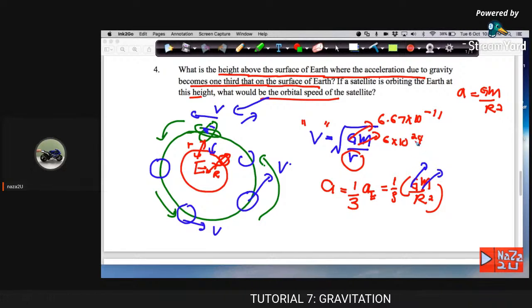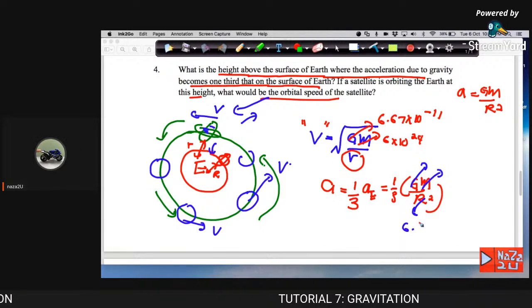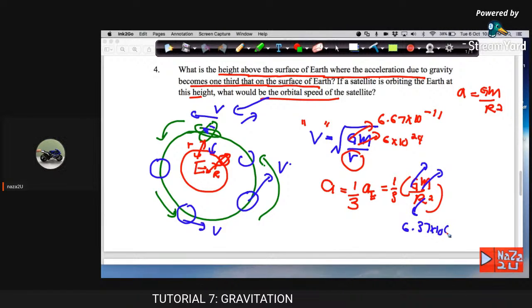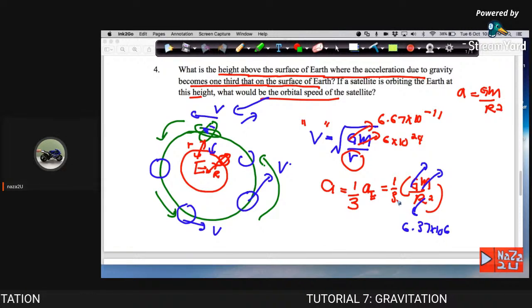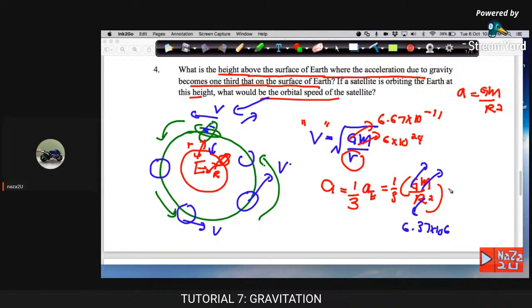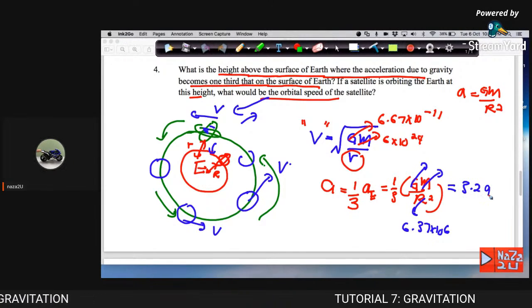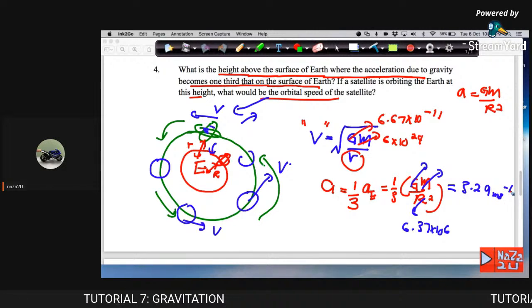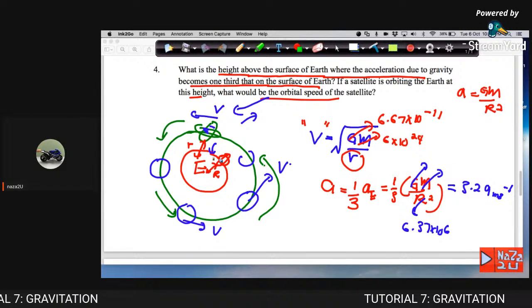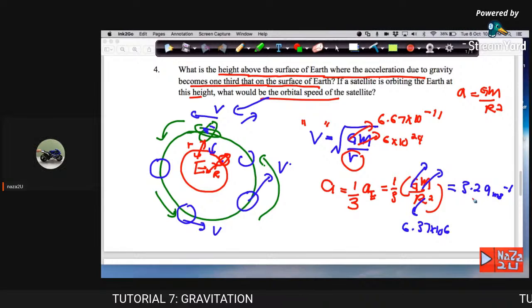Mass of the earth 6 exponent 24. And the radius is radius bumi. So radius bumi adalah 6.37 exponent 6. And this is square. So kalau kamu kira kat sini, dia punya acceleration here, so this is times 3, but that's it. A is equal to 3.29. Maksudnya di bumi, dia punya A dia adalah 3.29.